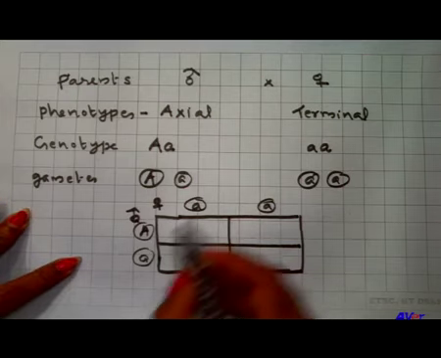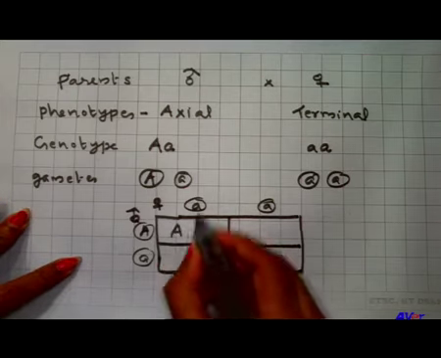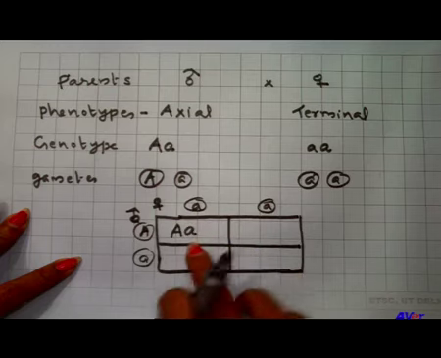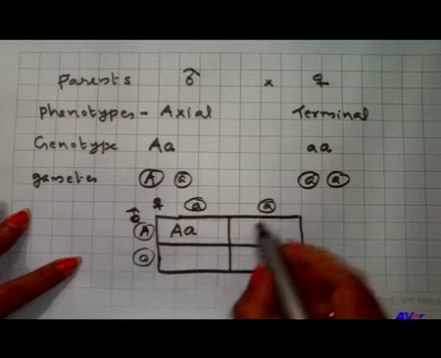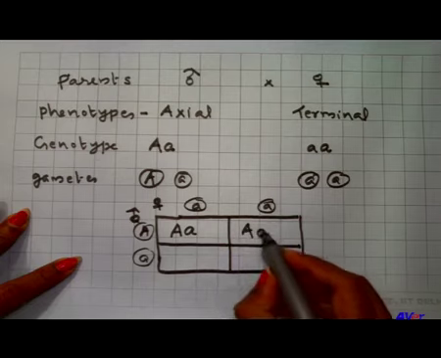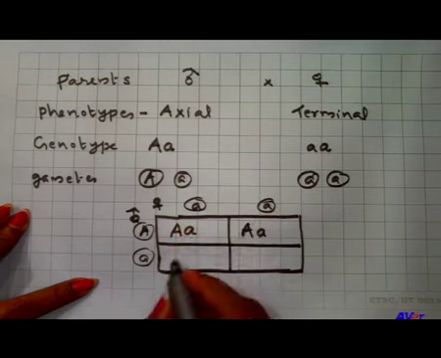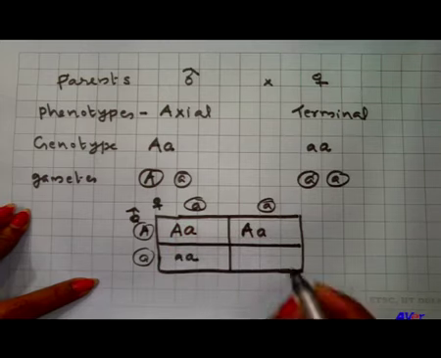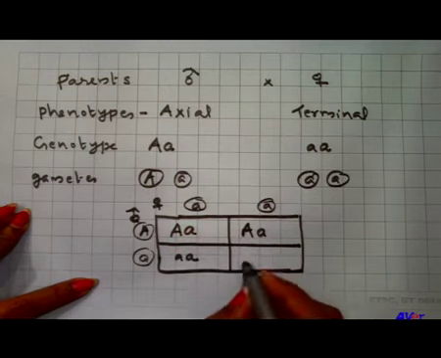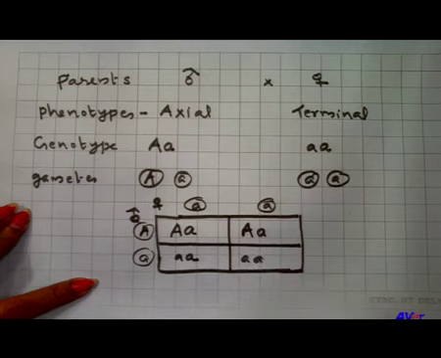Now, see the union, capital A and small a will come here. This is also the same capital A small a combination. Here we will get small a small a and these two also produce small a small a.